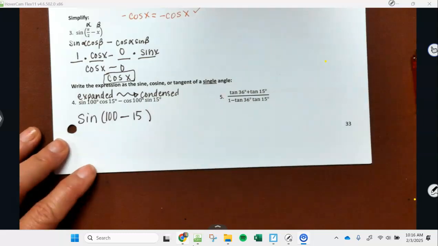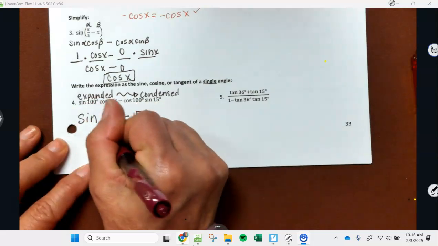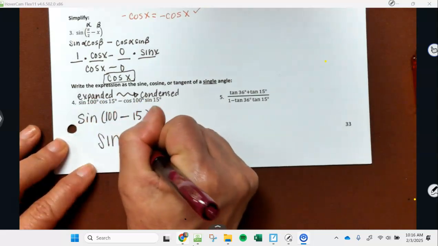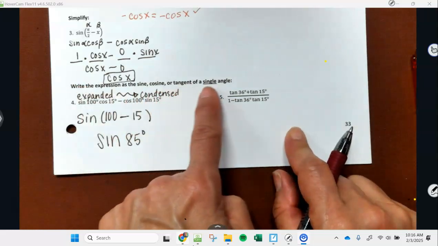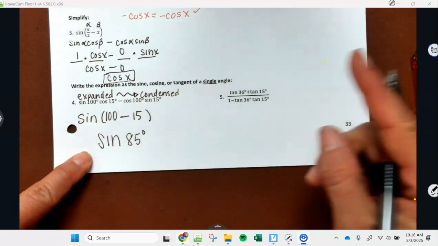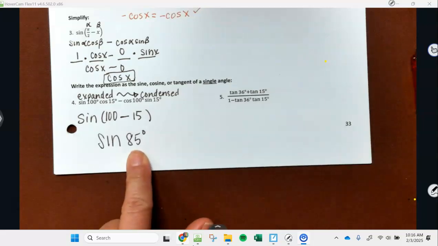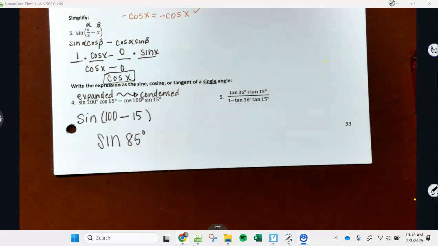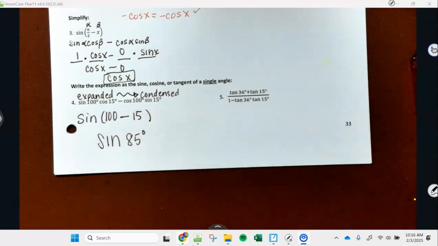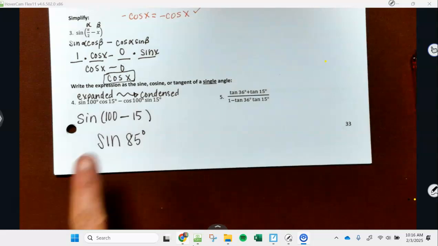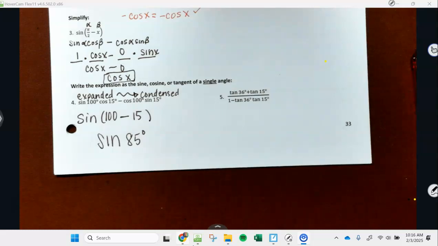So just 100 minus 15, that's all it is. So this is going to be sine of 85 degrees. Write the expression of a single angle. Boom, there you go. That single angle is 85 degrees. So usually we don't really deal with degrees, but y'all, if it starts in degrees, then our answer needs to be in degrees. So that's it. That's going to be the answer for number 4. That's a single angle in degrees.